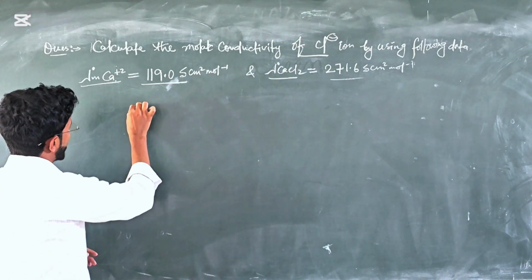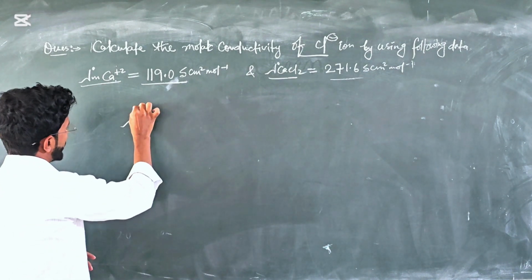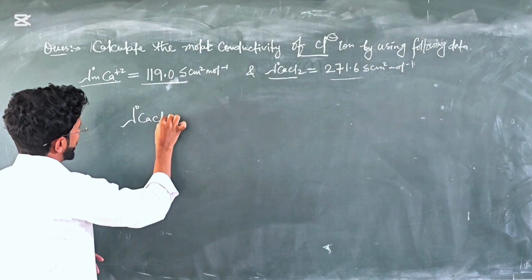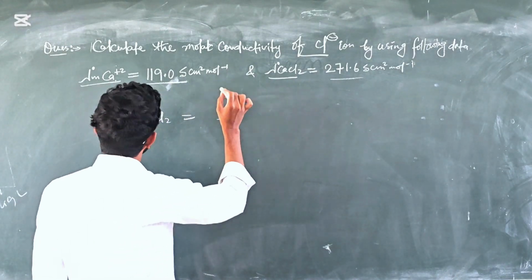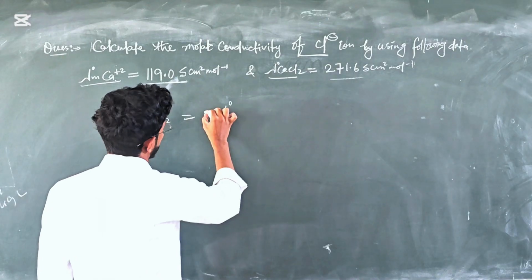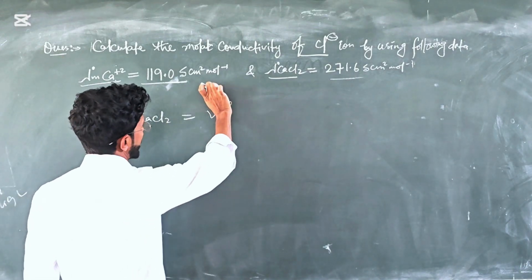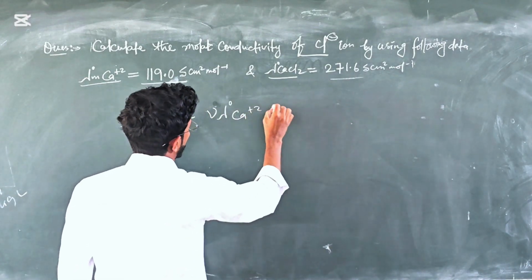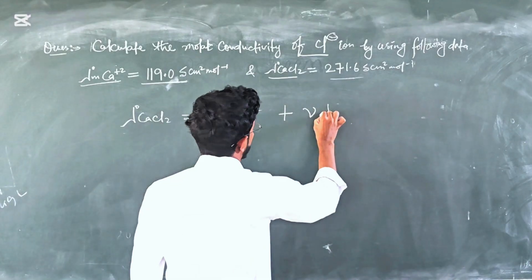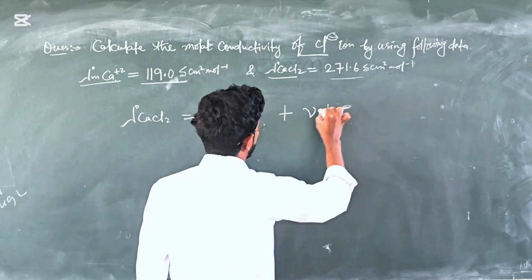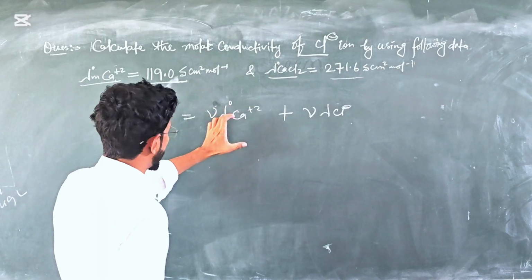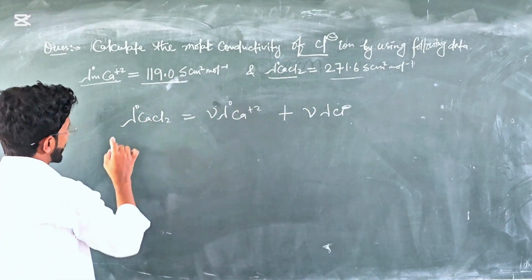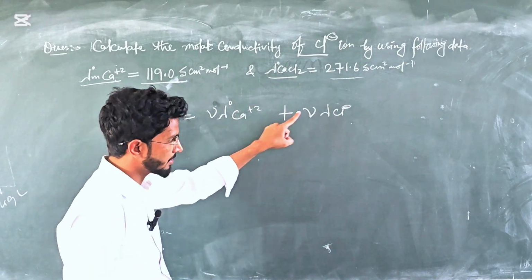How can we write the value of lambda naught CaCl2? It is equal to nu lambda Ca²⁺ plus nu lambda Cl⁻. What is the value of nu? Nu is the coefficient of the individual ion. Here the coefficient of Ca is 1, but the coefficient of Cl is 2.